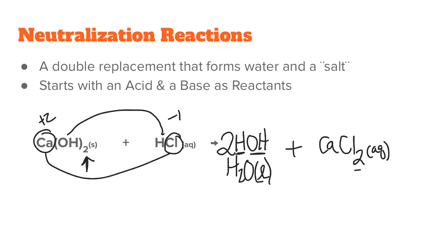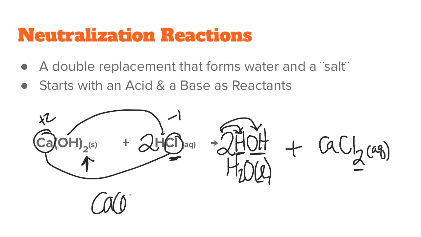And then if we look at our chlorine, we've got a 2 on the right side, and we only have 1 on the left side, so we're going to have to put a 2 on the front of that. And then that also balances our hydrogens because this distributes everything behind it. So I'll just clean this up quick.